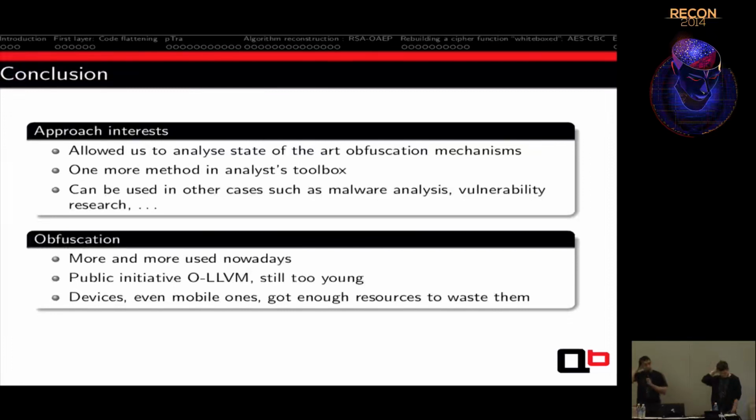About the obfuscation, we can say that nowadays more and more obfuscation is used, and it's more and more complex. Camille presented OLLVM, and we tried it because we wanted to compare what we have in our DRM and in OLLVM, but we think that OLLVM is still too young at this time.